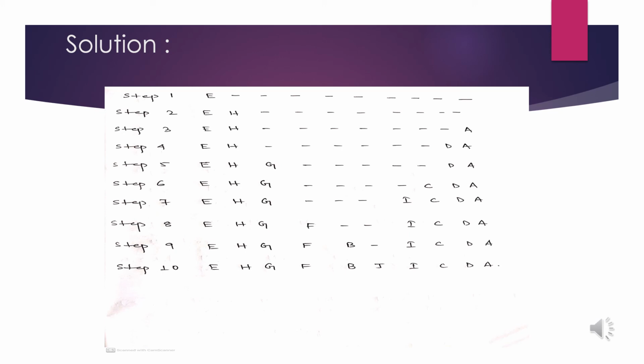Now if we move on to step 3, there are 2 jobs that have the least amount of time in workstation 2, that is job A and job D. Since H has already been assigned at the second step, I have eliminated H, so I will not be taking H into consideration.